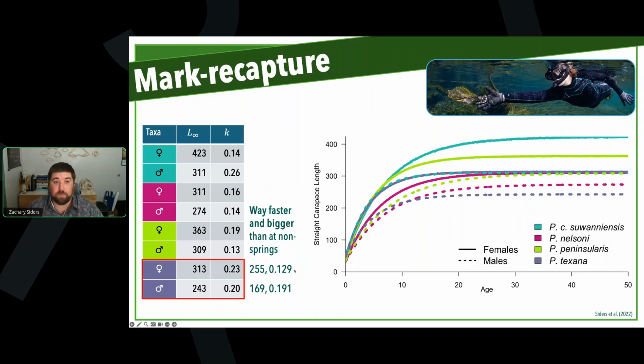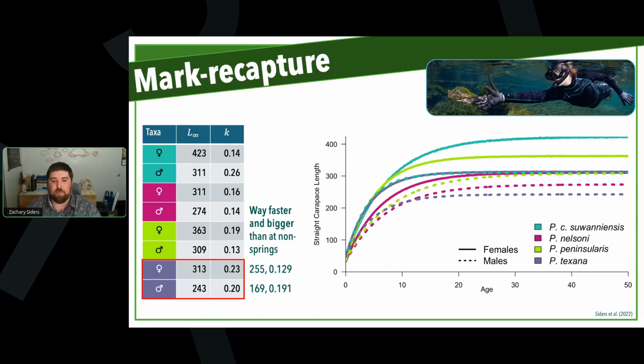And so we're getting really big turtles in these spring heads, and we're able to pull all that out and deal with all the repeated measures. Some of these turtles were captured like 39 times over the 20 years, and then we have some turtles that were captured once or twice. And so we can deal with all of that within the model and the repeated measures component.